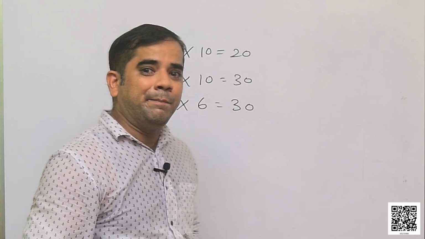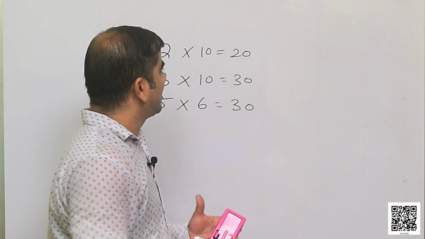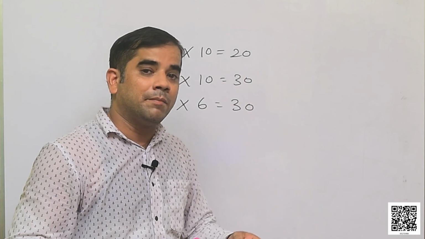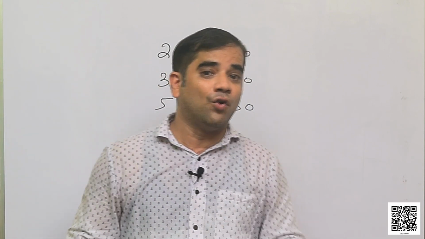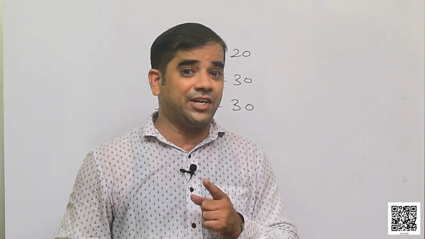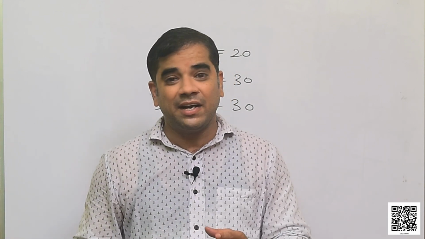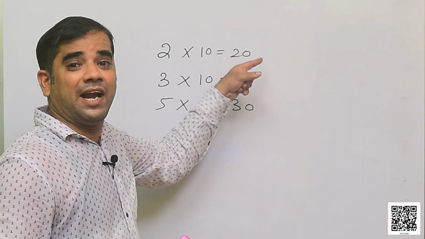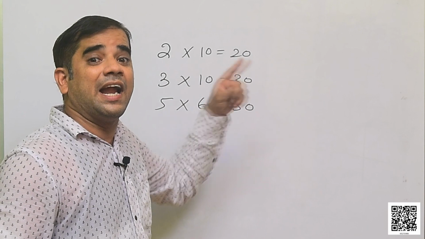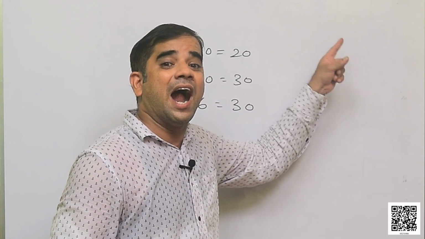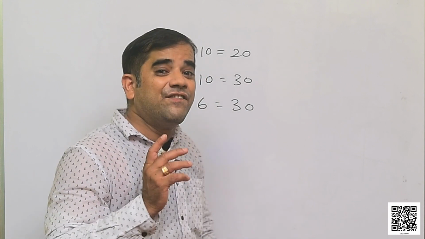You might be thinking that, sir, there is no 30 in 2's table. But what I have told you before, there is a never ending process of multiplication of any number. It does not mean that we learn up to 10 and the multiplication ends at 10. No, it keeps going and going up to infinity.